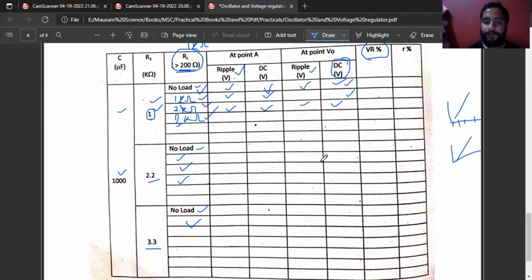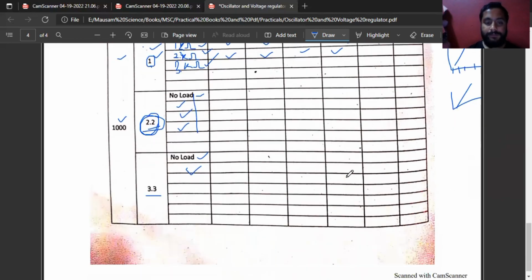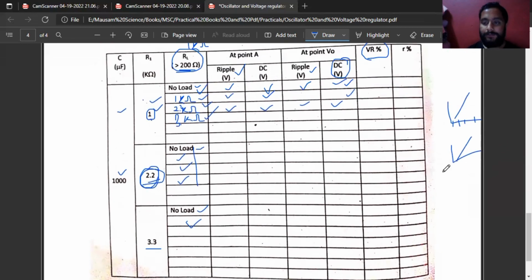We keep this resistance towards the x-axis and this DC voltage towards the y-axis, and we trace a curve. For 3.3 also, we can trace a curve. So we have 3 graphs over here, whatever we trace, that we get on a graph paper.